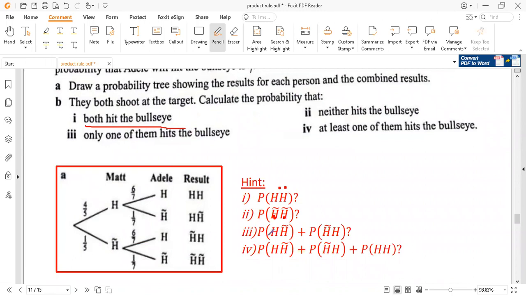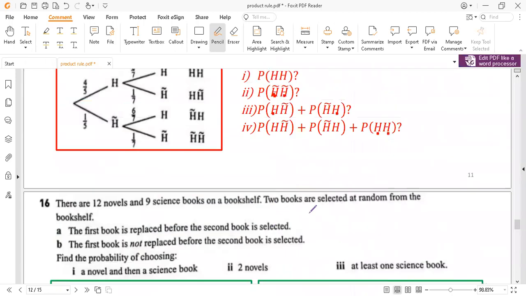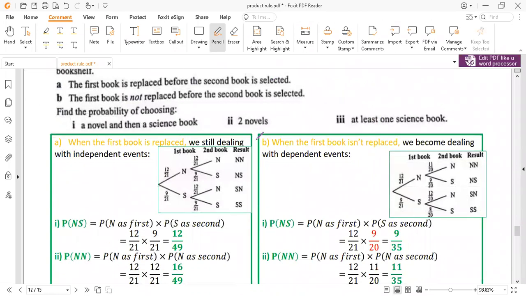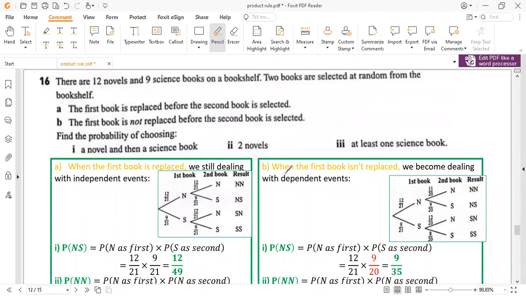So normally one of them could be in the first event, or could be in the second event. At least one, so it could be only one of them, or both hit. So you can complete it by yourself at home using what we explained before.